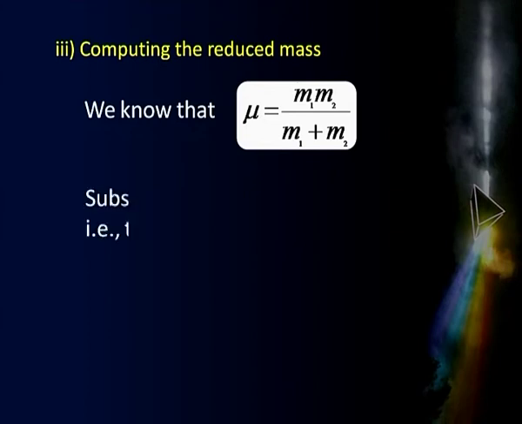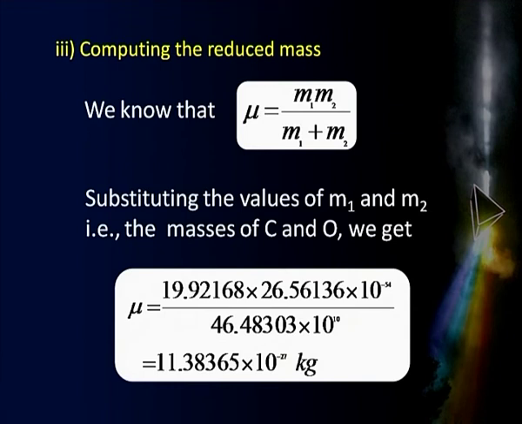When I do that for our molecule, we have got carbon monoxide as a molecule. So, we put the masses of carbon and oxygen here, and we get the value of reduced mass to be equal to 11.38365 into 10 to the minus 27 kg, whatever it is. So, you get the value of mu by substituting the masses of the respective atoms constituting the molecule.